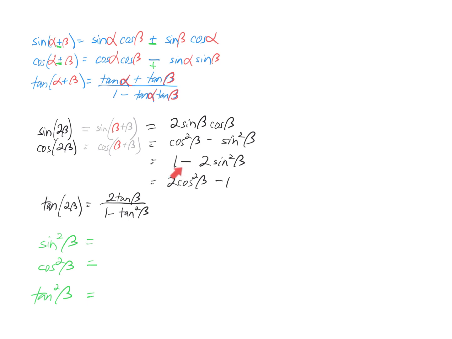Remember, these things are equal to cosine of 2 beta. So cosine of 2 beta is equal to 1 minus 2 sine squared. And when you solve for sine squared, we'll have 1 minus cosine of 2 beta divided by 2.